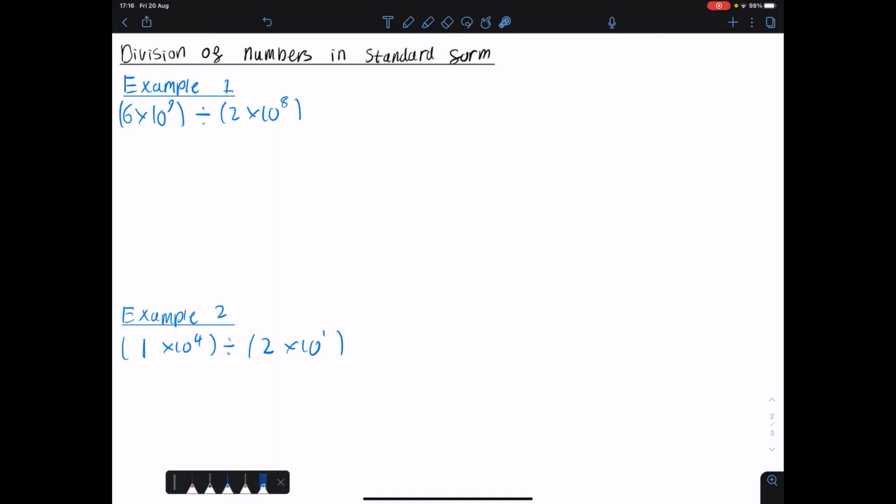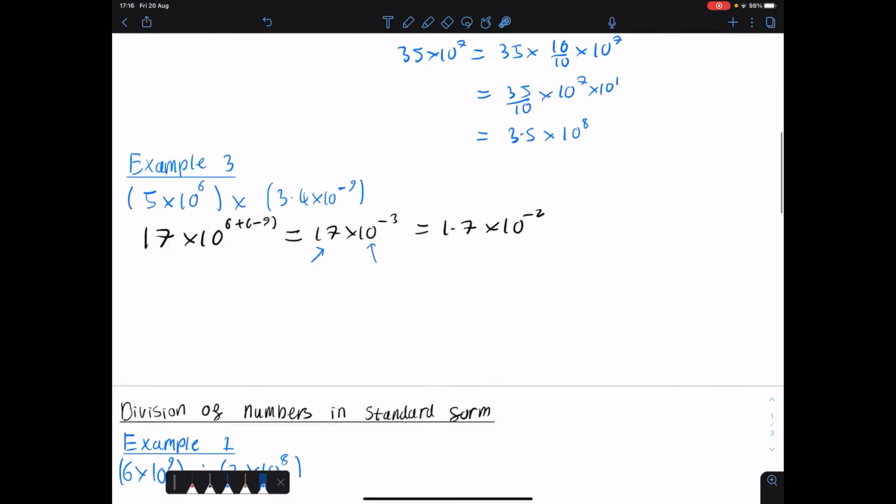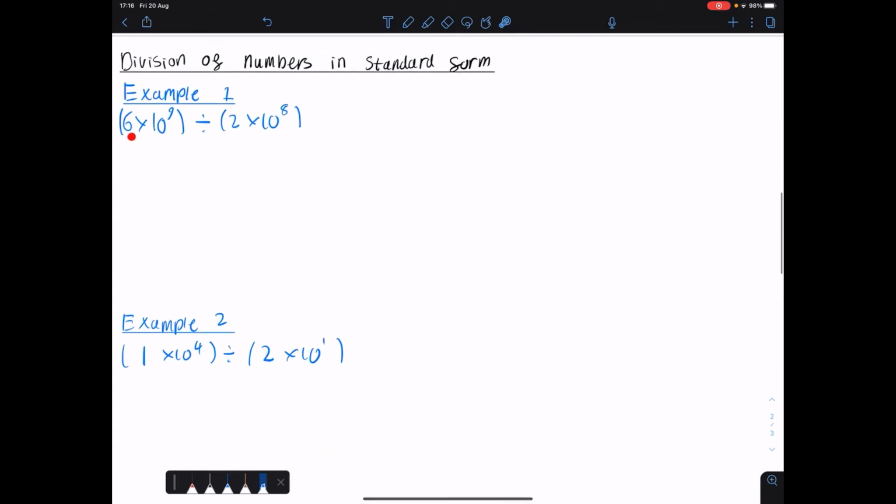So again, as with multiplication, we just need to address the starting numbers to begin with. So here, we just need to calculate what is 6 divided by 2. Well, that is just 3. Secondly, we need to address these powers of 10.